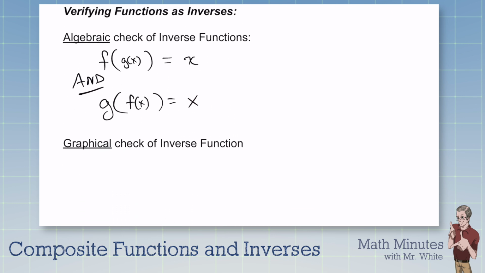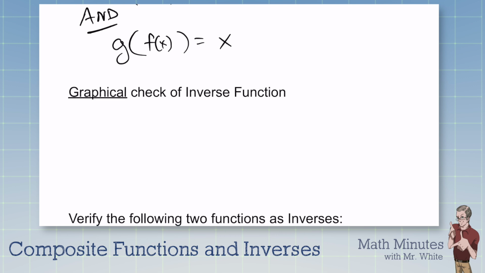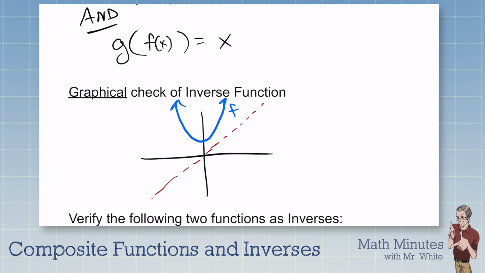The other way that's kind of neat to check is graphically, and I really always enjoy this concept: if you have a function f, its inverse will be a mirrored image across y equals x. It's called symmetry. It will be symmetric over here on the right side, so it's going to be like this, and it's going to be a parabola on its side.